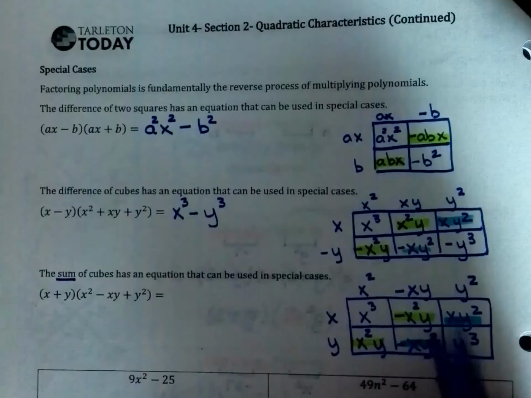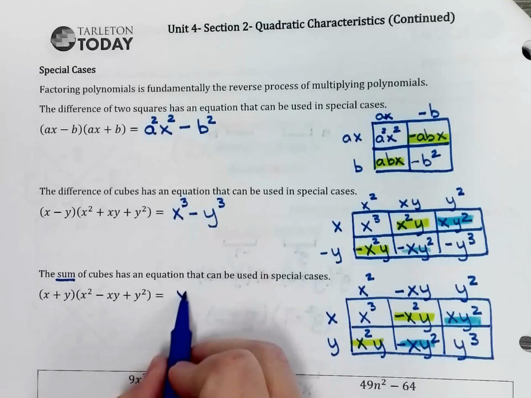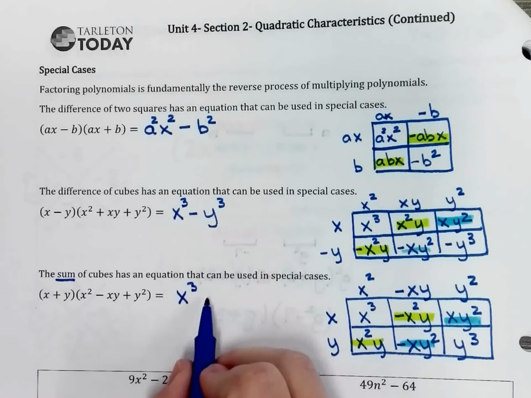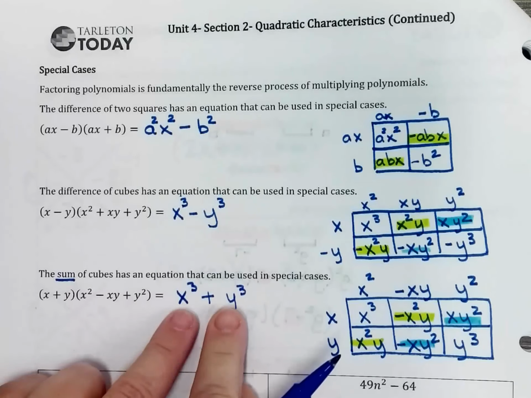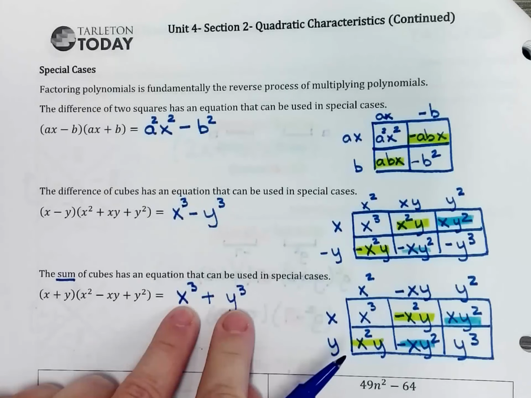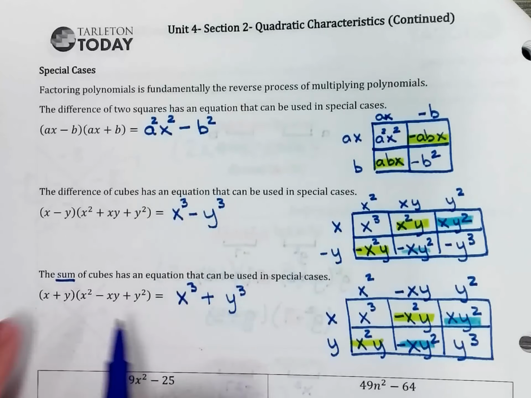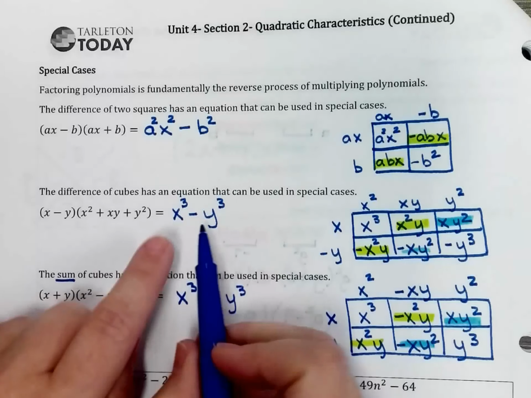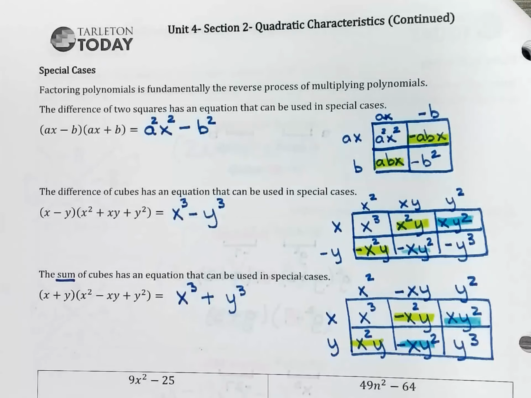These two add up to 0. Leaving us with only x cubed plus y cubed. Notice that we have a sum of 2 perfect cubes. When you have a sum of 2 perfect cubes, you're going to use this formula. When you have a difference between 2 perfect cubes, you're going to use this formula.